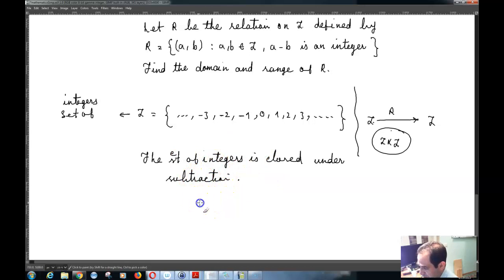For example, you take 2 and subtract from it, for example, 5. You'll get -3, which is again some number from the set of integers.